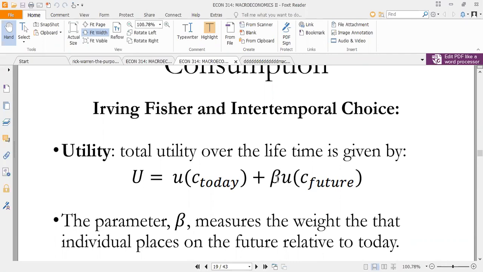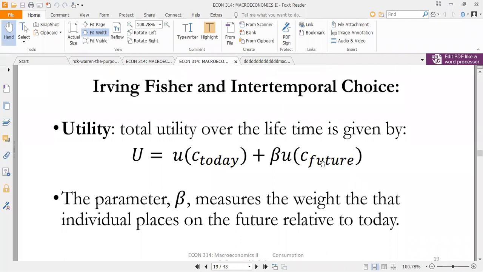Do you prefer future consumption to current consumption, or do you prefer current consumption to future consumption? So in the case where beta is equal to 1, it means that the person is indifferent between current consumption and future consumption. If beta is exactly 1, it means that you value today's consumption and tomorrow's consumption at the same level.